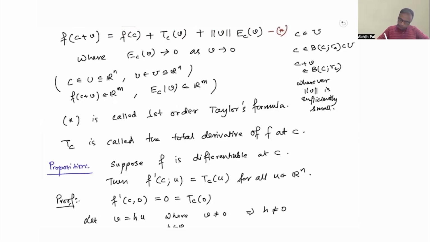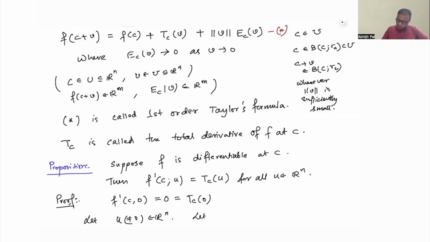Maybe I'll just restate this thing. So let u be a non-zero vector in Rn. So let u not equal to 0, a vector in Rn.